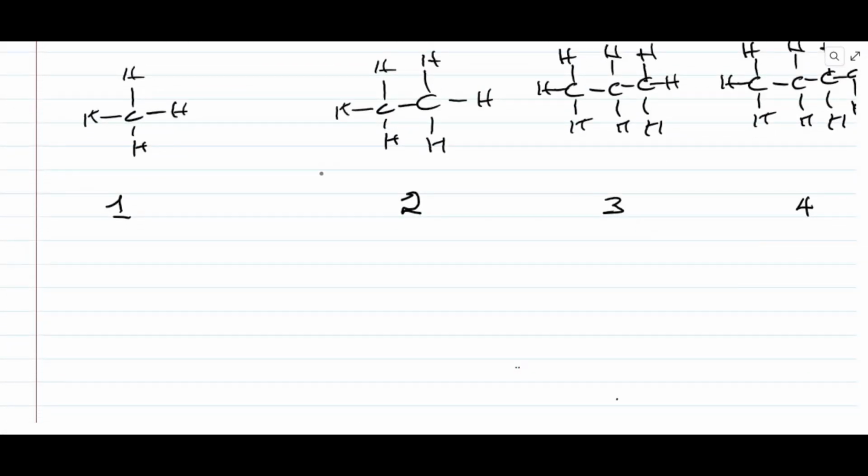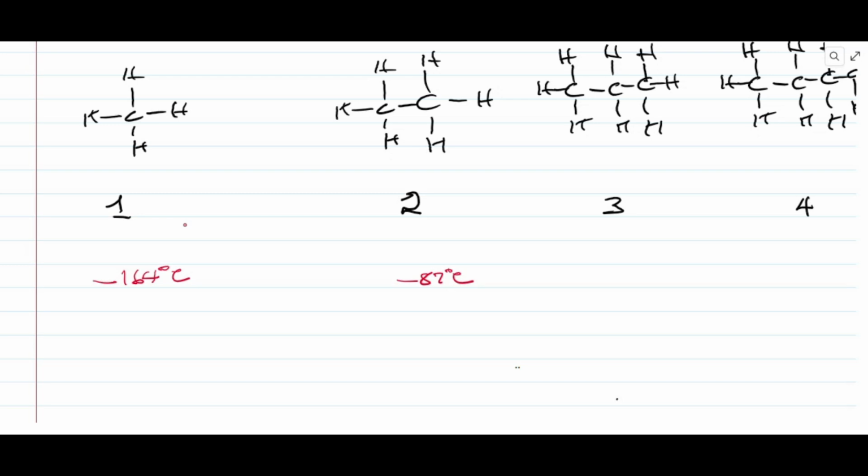So if I want to write the boiling point, I want you to look at the trend in this boiling point, which, remember, is a physical property. The boiling point of methane is minus 164 degrees centigrade. For ethane it is minus 87 degrees centigrade.